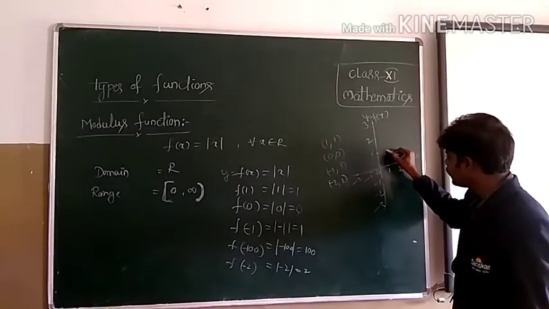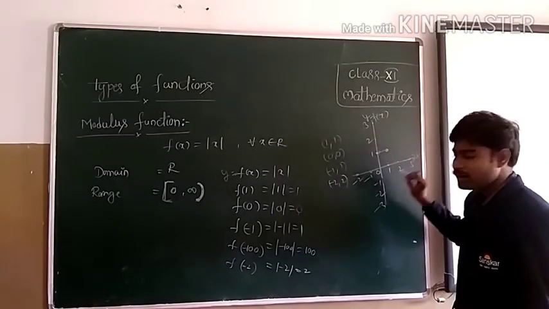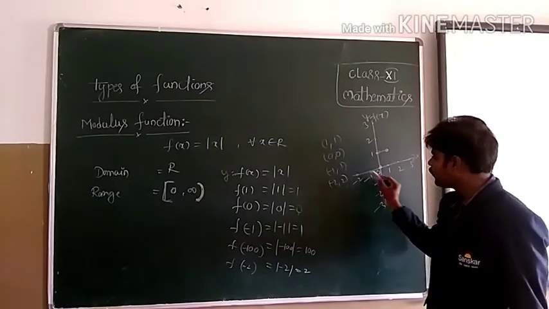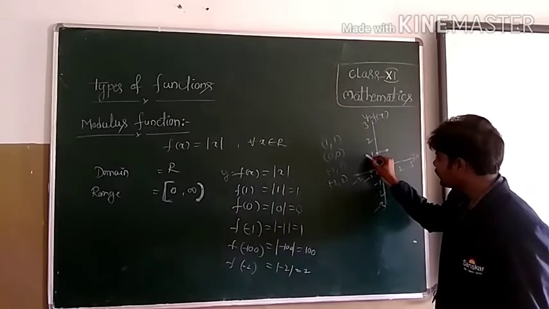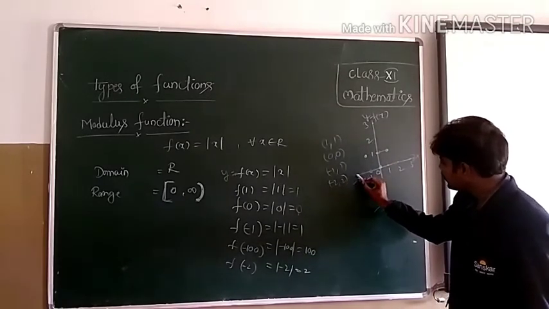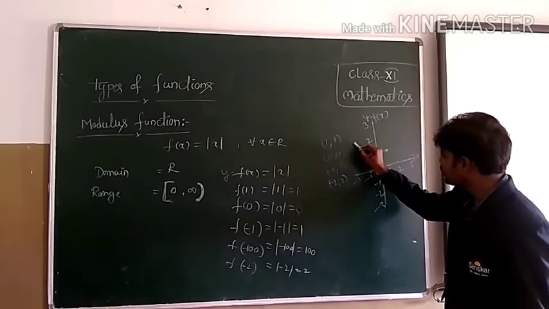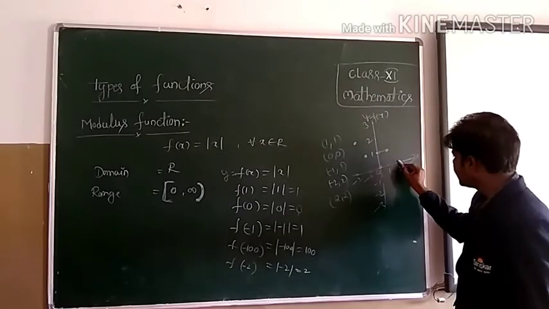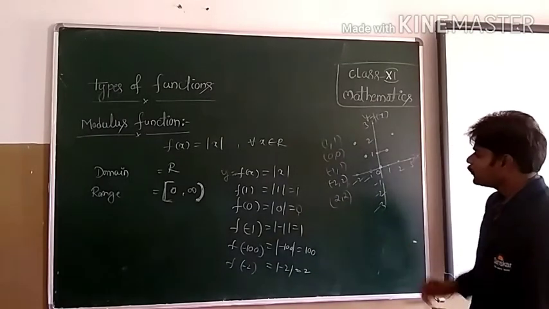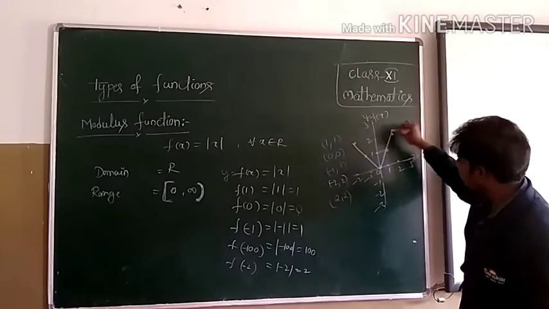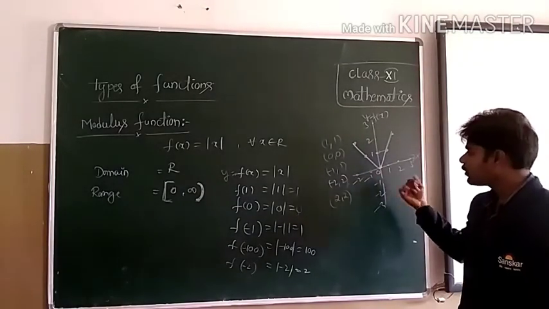So here it is 1. And 0, 0 is another point. Next minus 1, 1. This is minus 1, this is 1. And minus 2 and 2. Here it is minus 2, this is plus 2. So this is the point. If you take plus 2, again you will get plus 2 only. If you join these points, you get the graph like this.